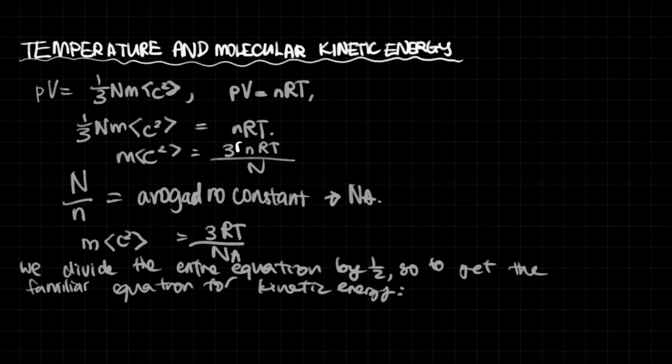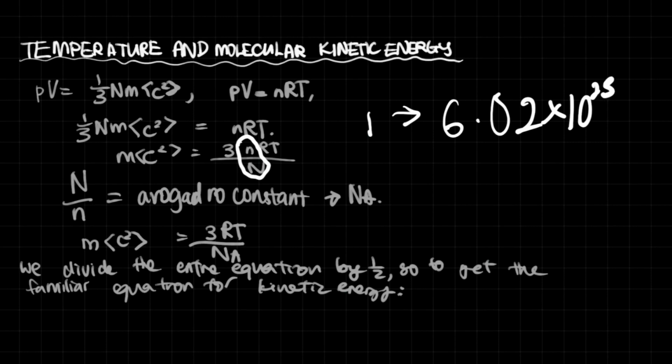Now we can take a look at this right here. This is the total number of molecules. This is the number of moles. In 1 mole, there are basically the Avogadro's constant number of molecules, which is 6.02 times 10 to the power of 23.